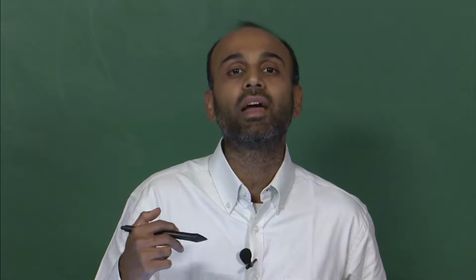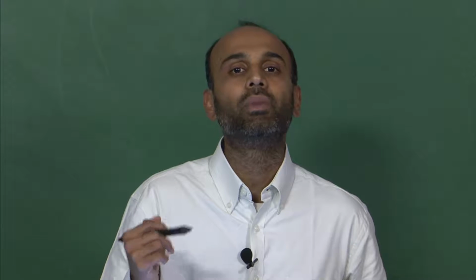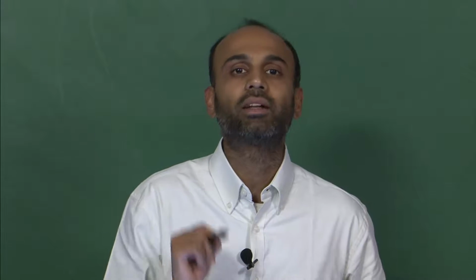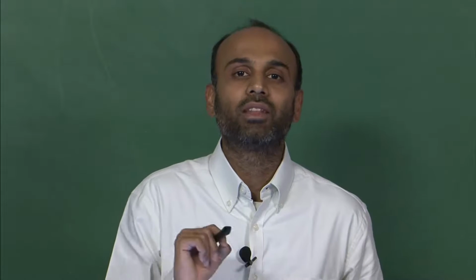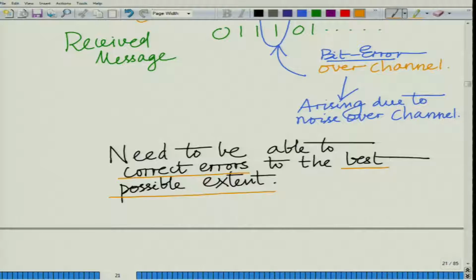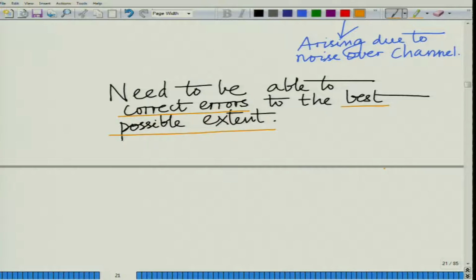It is our aim to correct this digital message to the maximum extent possible, that is, to recover from as many bit errors as possible. We might not be able to make the bit error rate exactly 0, but the idea is to make the probability of error as small as possible. So we need to correct the errors to the best possible extent, that is, make the bit error rate as low as possible.